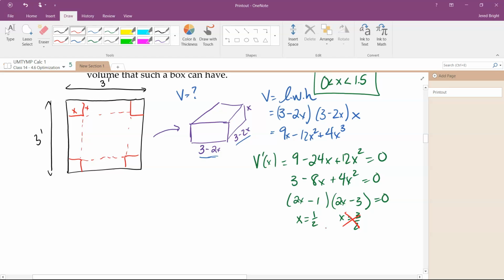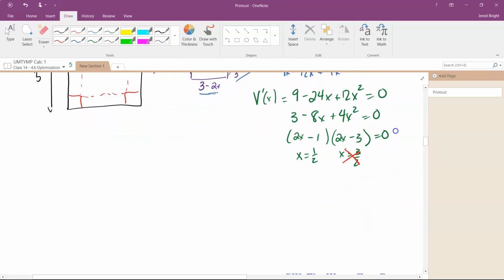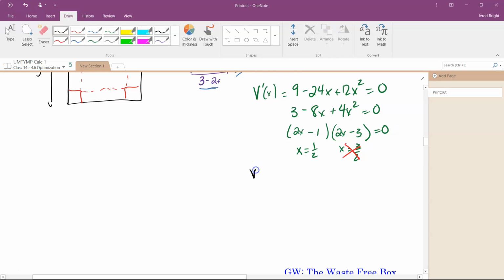Now, you would assume that with a critical number there's going to be a local max or min here, but we should verify. Remember, to verify a local max or min, you can do either the first derivative test or the second derivative test. Here, I'm going to choose the second derivative test only because my first derivative is a nice polynomial function. The second derivative is 24x minus 24, and substituting in the critical number, I get minus 12, which is less than 0.